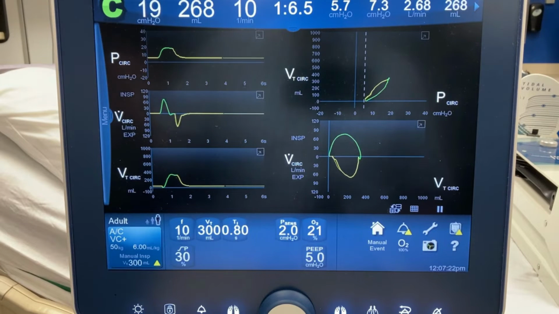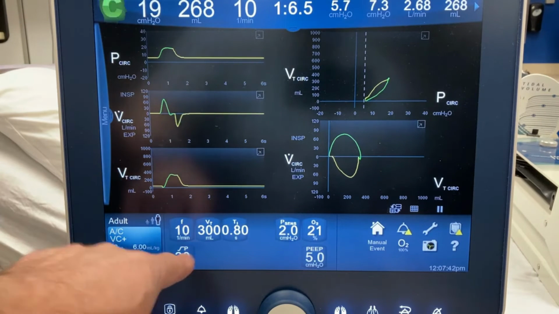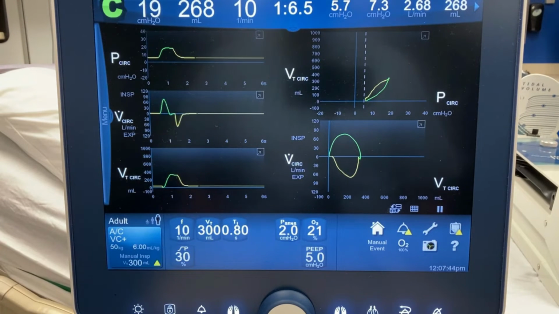It's not the peak flow, it is how fast it reaches the peak flow. So for example, in your car, you can go 0 to 60 in a short amount of time, or 0 to 60 in a longer amount of time. You're still going to hit the same peak speed, but how fast you get to that speed is what we're doing here. That's set primarily for patient comfort.